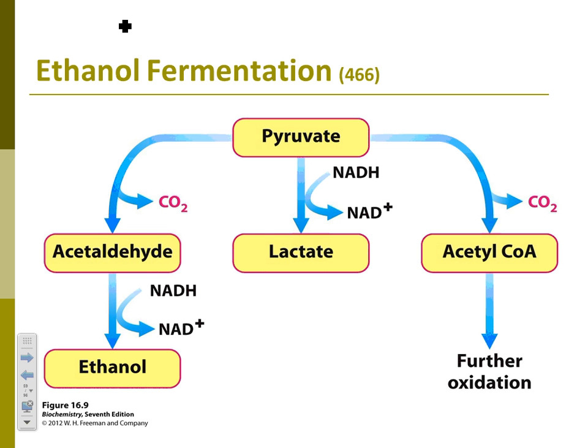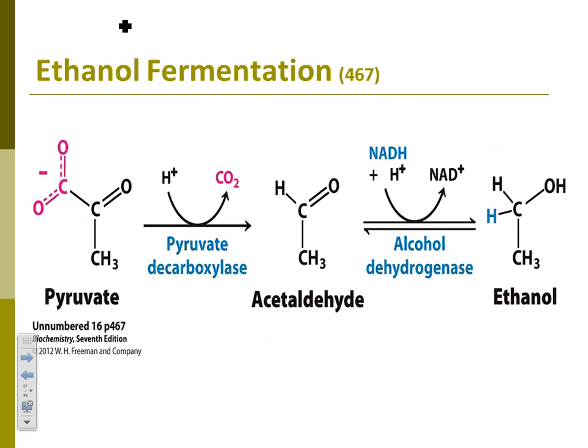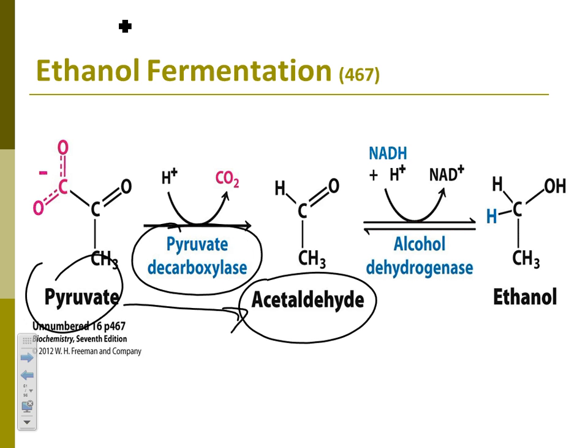And we've already talked about the ethanol fermentation in the same looking slide. Make sure you know this is not found in humans. So if you see this whole reaction, pyruvate to acetaldehyde, that can't happen with us.